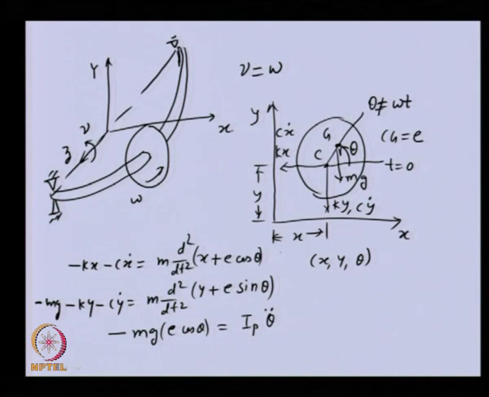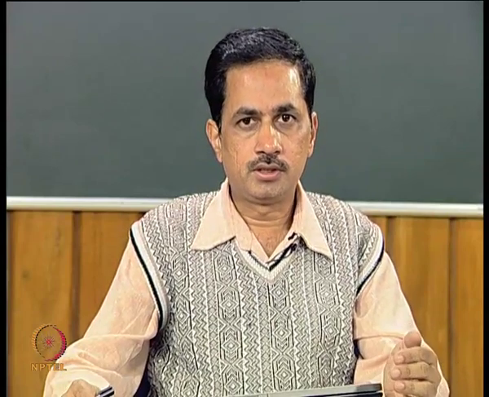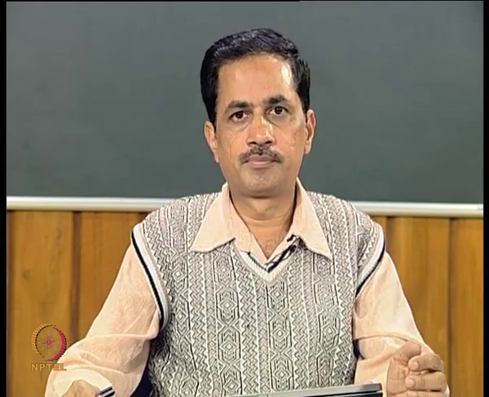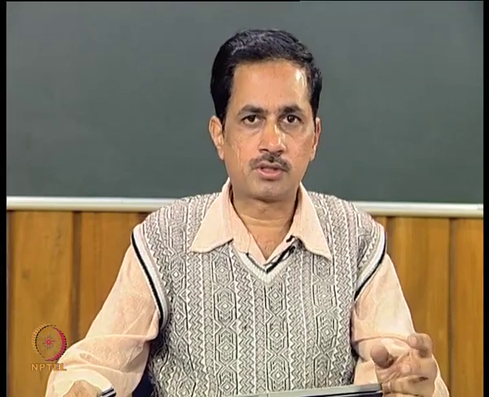So these are the three equations of motion corresponding to the three generalized coordinates. In this particular case of the Jeffcott rotor model, initially we started with a 3 degree of freedom system, that is the 2 translational motions x and y, and 1 theta, that is a torsional oscillation.